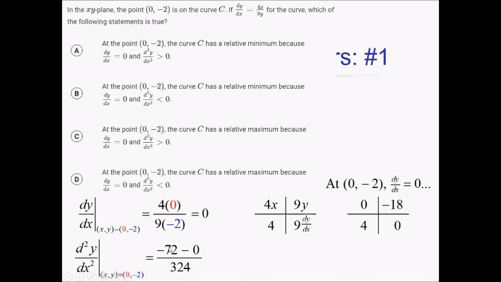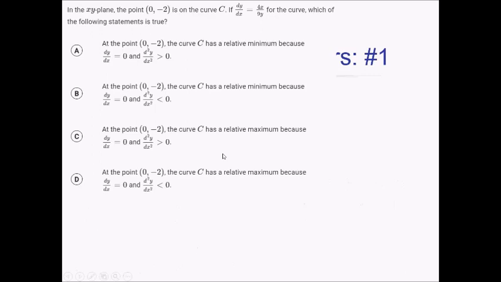So we've got -72 over 324, and you could keep reducing this all day if you wanted to. I mean, we can call this, let's see, -36 over 162, and then this can be reduced further to, let's see here, -2 over 9 eventually.